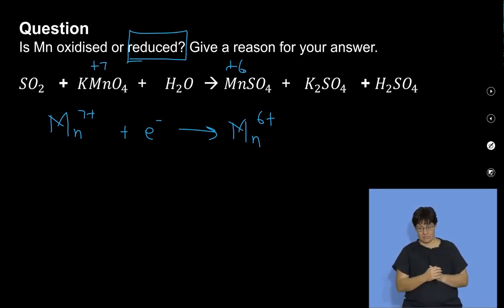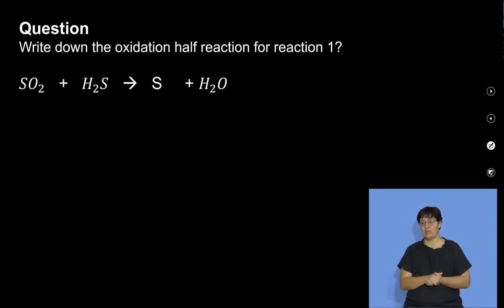Having said that, we can move to the next question, which says write down the oxidation half reaction for reaction 1. Oxidation has to do with the loss of electrons. Let's look at what is happening.